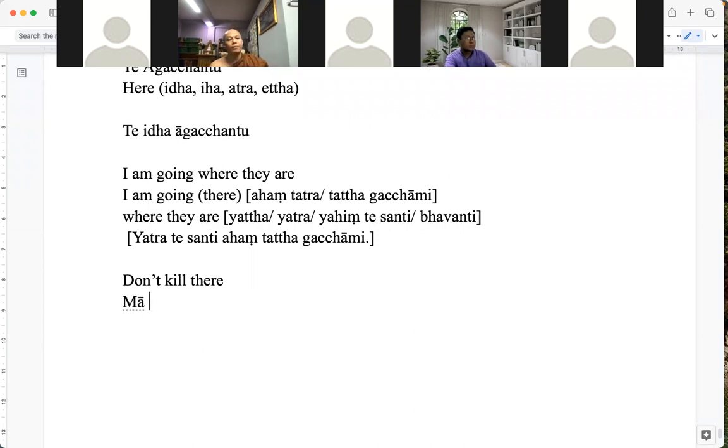So actually, don't do, don't go, don't kill, a kind of command or a kind of order. So that one is giving an order to the second person. Even though we don't have subject in English sentence, but in Pali, we need to use subject. So as a singular, it will be done, or maybe ma at the beginning also, or in the middle also.